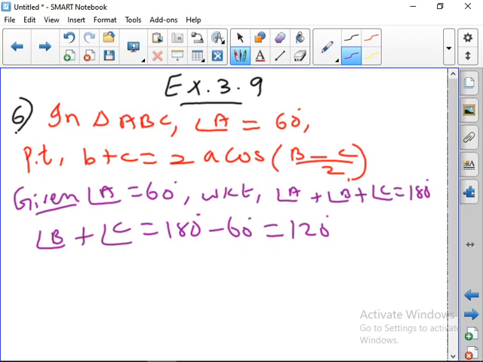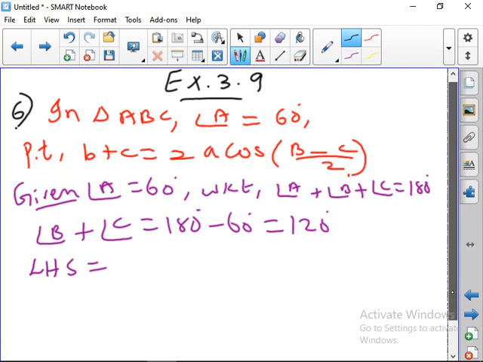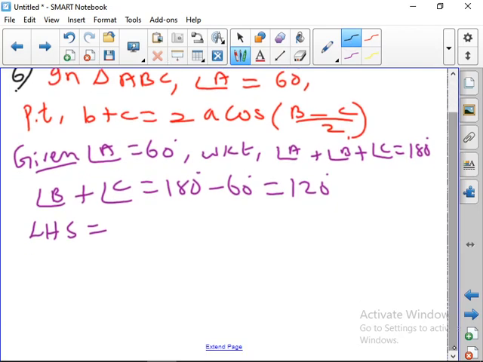Now we will take the left hand side. So left hand side is equal to, what is the left hand side? B plus C. So by sine formula, what is sine formula? B by sine B is equal to 2R.